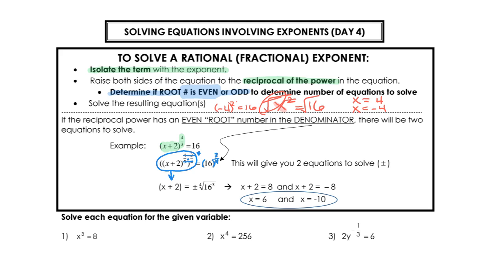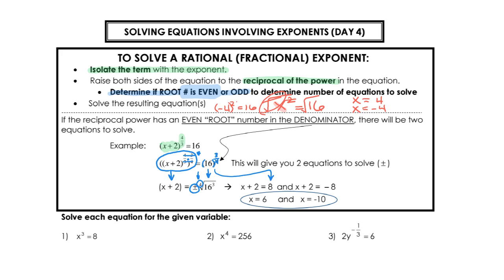But 16 raised to the 3/4 is the same thing as the 4th root, right? 4 is on the bottom, so 4 goes in the crook, of 16 to the 3rd. And right here, because this is an even root, there's going to be two answers. That's why they're putting that plus-minus sign here. When you take the 4th root of 16 cubed, or 16 raised to the 3/4, you get 8 in your calculator.